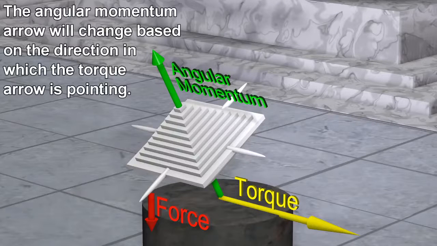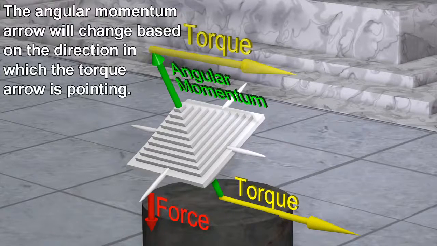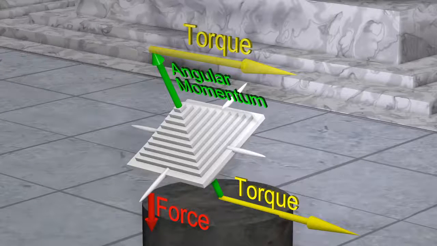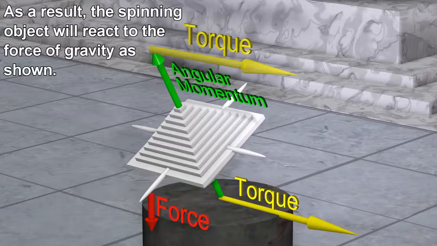The angular momentum arrow will change based on the direction in which the torque arrow is pointing. As a result, the spinning object will react to the force of gravity as shown.